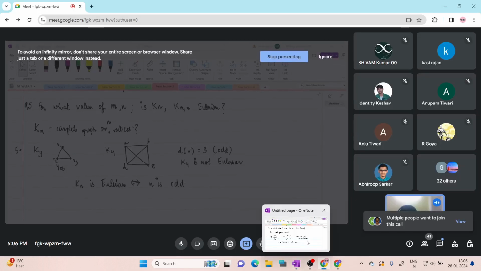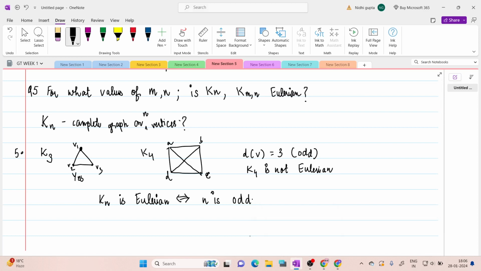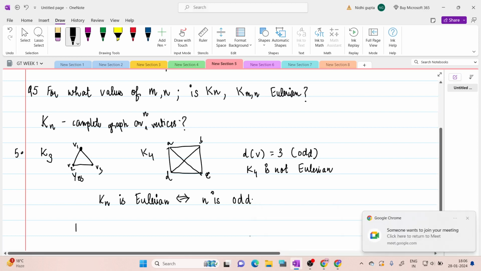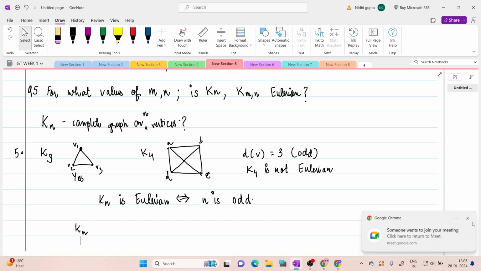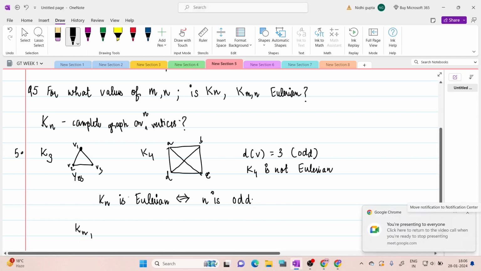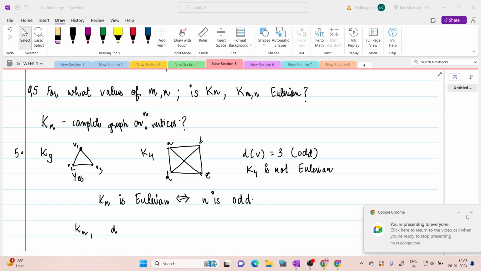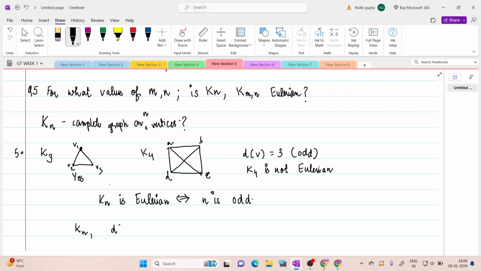Okay. So first of all, tell me, Kn is a complete graph on n vertices. What is the degree of each vertex in Kn? N minus 1. Right? The degree of each vertex is n minus 1. Is everyone clear why?